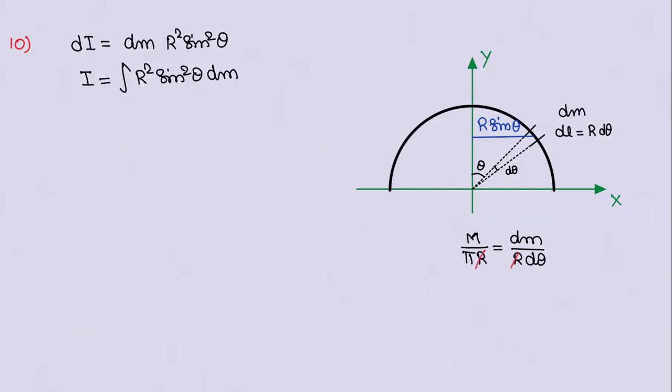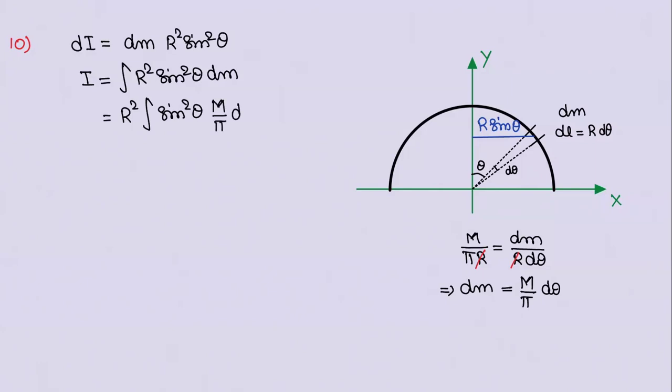That implies dm is equal to m by pi d theta, right? M by pi d theta. So if I substitute that value here, r square will come out, integral sine square theta, dm is what? M by pi d theta.